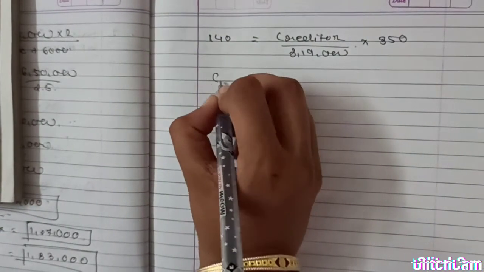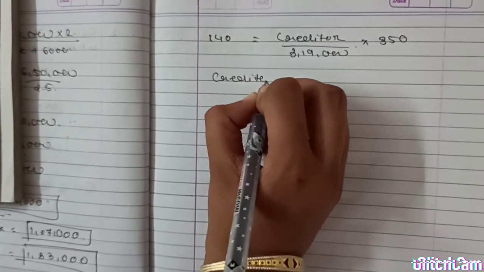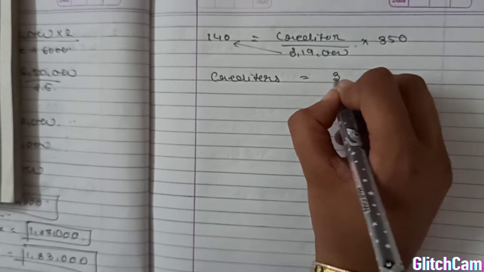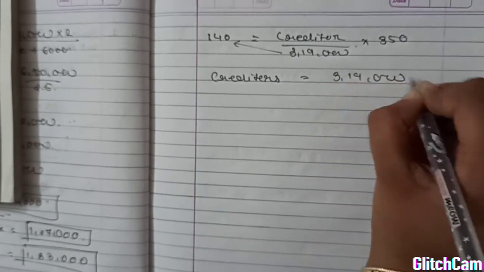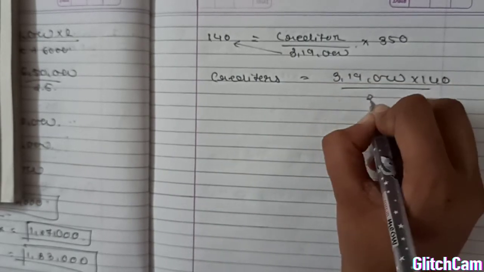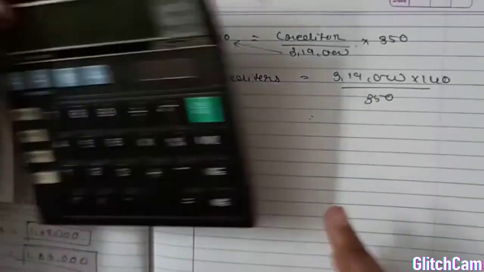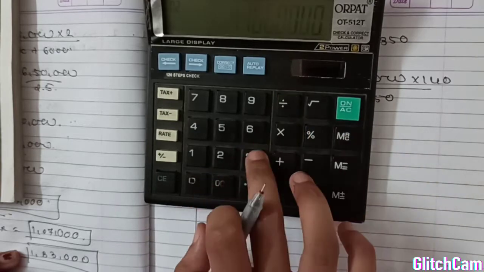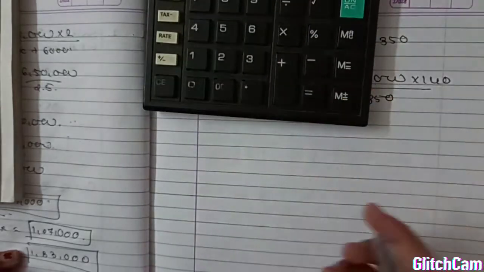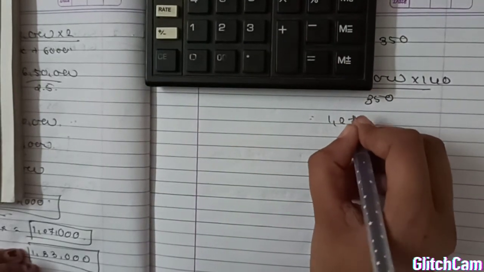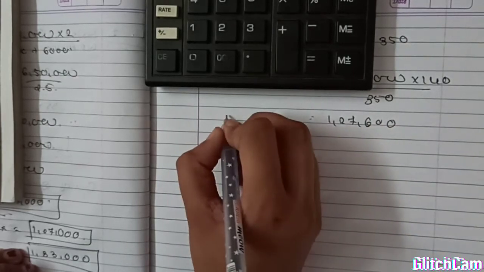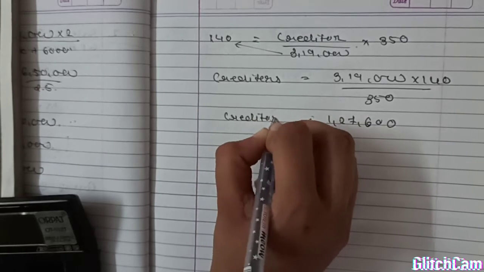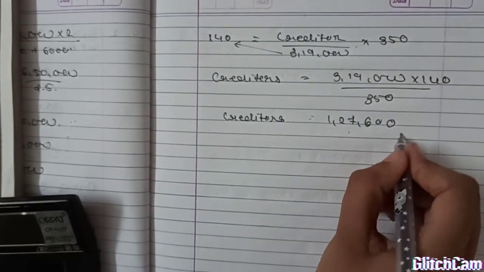Creditors is equals to, this comes this side, 3,19,000 into 140 divided by 350. It will come 1,27,600. So creditors will come 1,27,600.